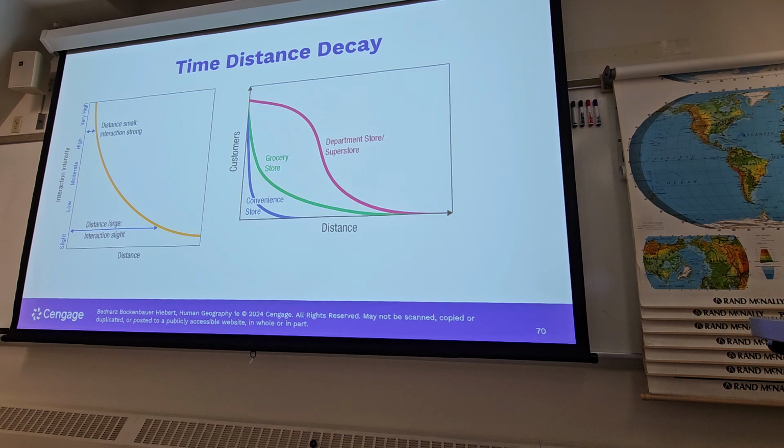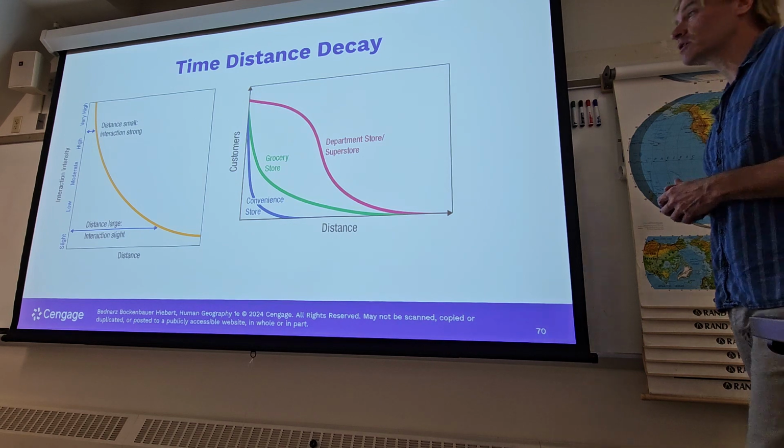Time distance decay, a couple visuals from the book. This is basically looking at, well, the right is a good example of how far people are willing to travel for certain types of shopping, right? So, for example, a convenience store, like maybe the stuff that you would buy in a gas station, people are not really willing to drive a large amount of space to go to that type of store.